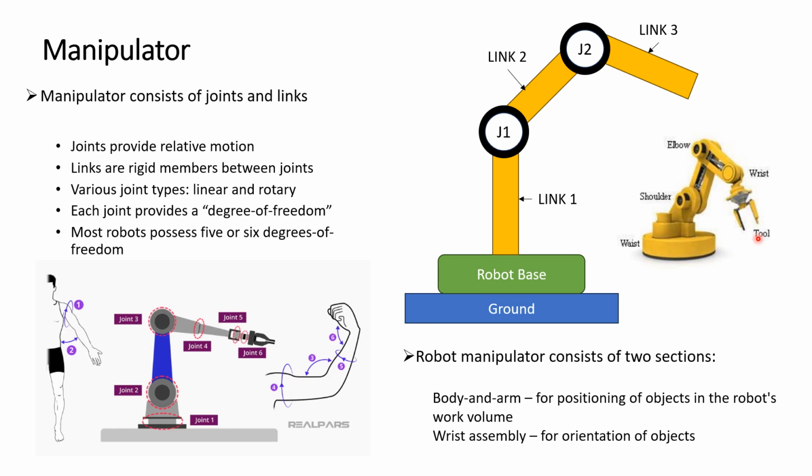We will have grippers or some kind of actuators there to pick and place the part, or to do soldering, or whatever process we want to do. That is the wrist assembly. So these are the main components of the robot.